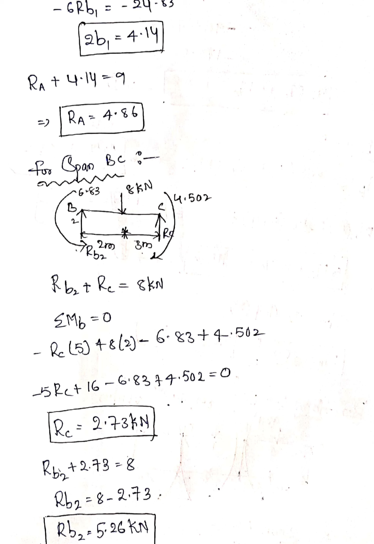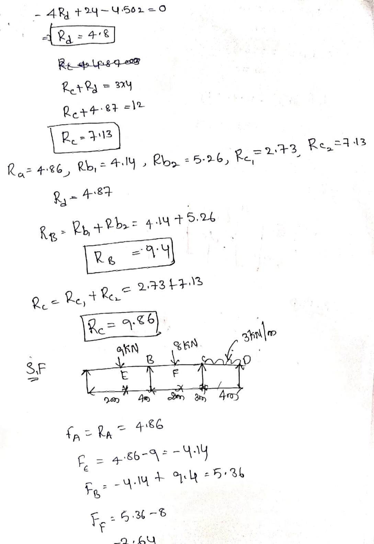So RC1 I get as 2.73, RB2 as 5.26 kilonewton. Similarly for CD, we get RC2 as 7.13. Finally we get RA as 4.86, RB1 as 4.14, RB2 as 5.26, RC1 2.73, RC2 equal to 7.13.